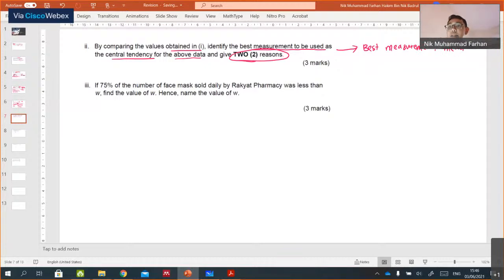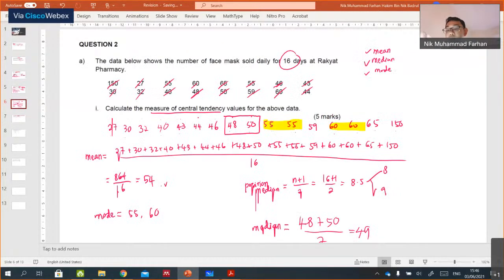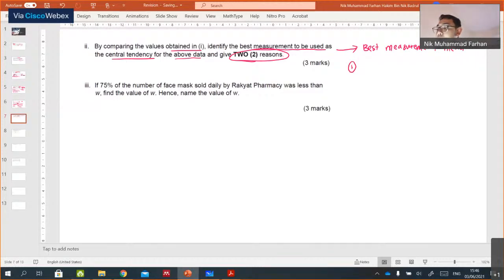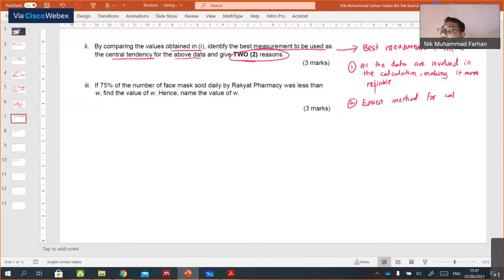Give two reasons, the advantages of the mean. First, for the mean, the calculation involves the whole data: all the numbers in the data are included in the calculation, making it more accurate and more reliable. Second, it is the easiest method for calculation, just add and divide. If you have other answers, you can check back in your book.